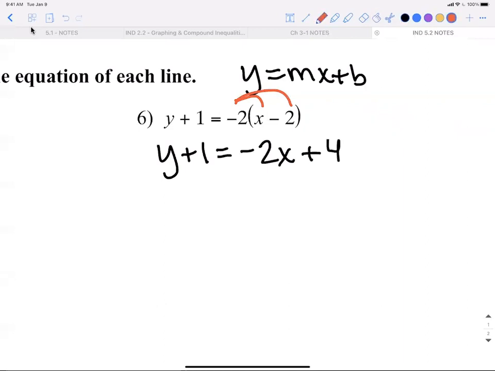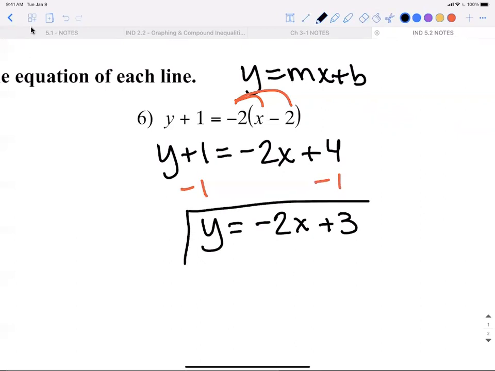And then our last step is to move that 1. So we're going to subtract 1 from both sides, leaving Y equals -2X, +4 minus 1 is +3. I've got it Y equals, check. I have my X value before my kind of a lone number there. So I've got it in Y equals MX plus B.